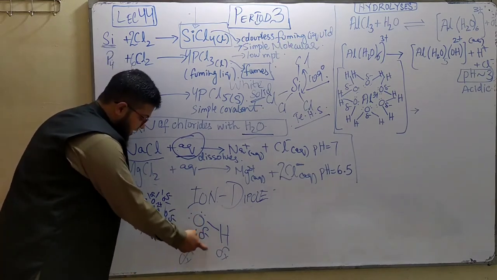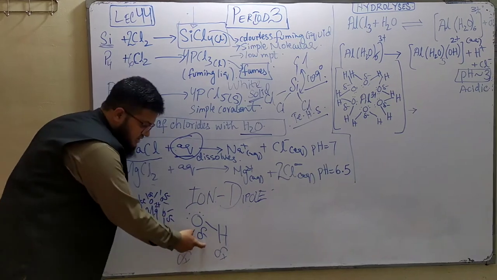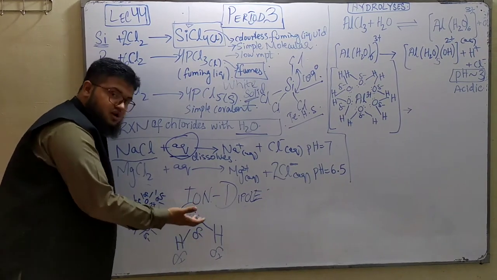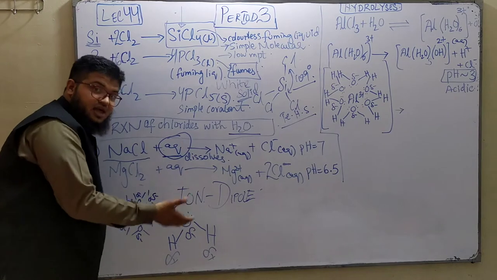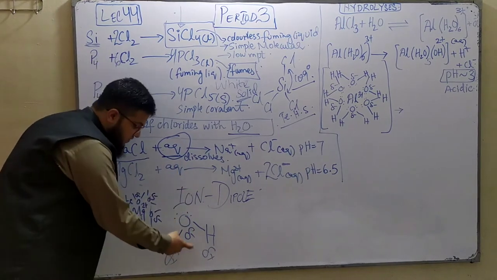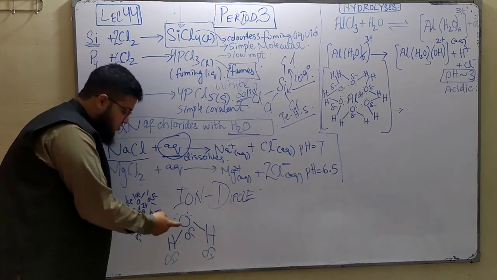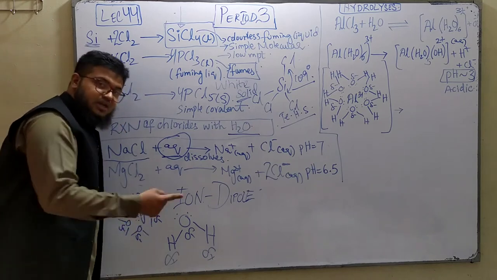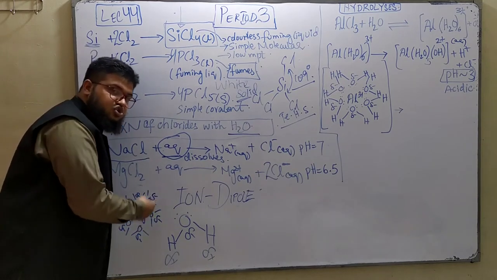This partial negative charge on oxygen, although it's slight, is still negative, and this negativity would cause the water molecules to get attracted to the magnesium ions, which are positively charged ions.